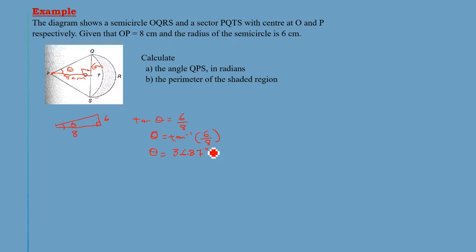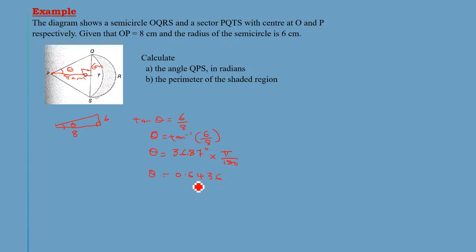This is in degrees, but I need to change it to radians, so times pi over 180. What is the value for pi? 3.142. When you calculate this, you will get 0.64. Let's say I put it to 4 decimal places.